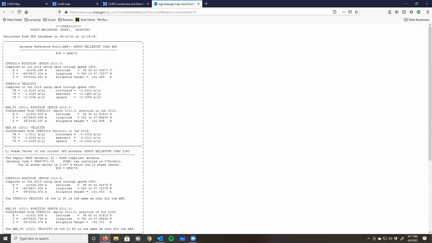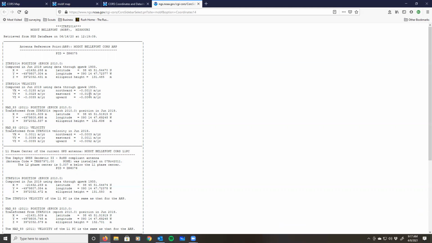In this case, it's moving 1.55 centimeters to the west per year, a negative number.